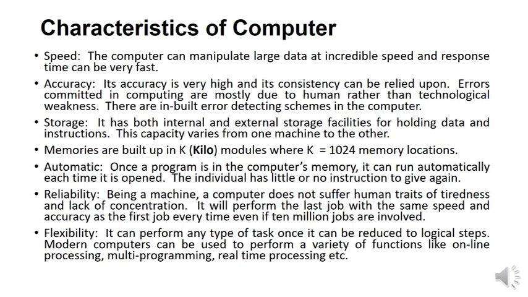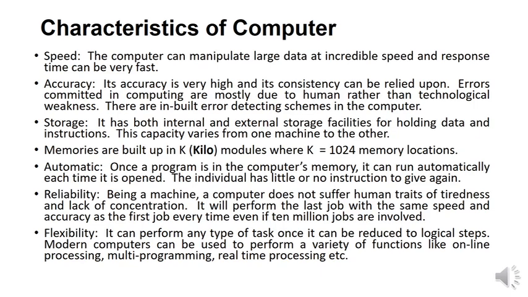Those information that is processing must be accurate. That is what takes us to accuracy. Its accuracy is very high and consistent, can be relied upon. Errors committed in computing are mostly due to human errors, meaning that whatever errors are committed during the processing of data are caused by human, because it is garbage in, garbage out. It is what you give into the computer that is coming.